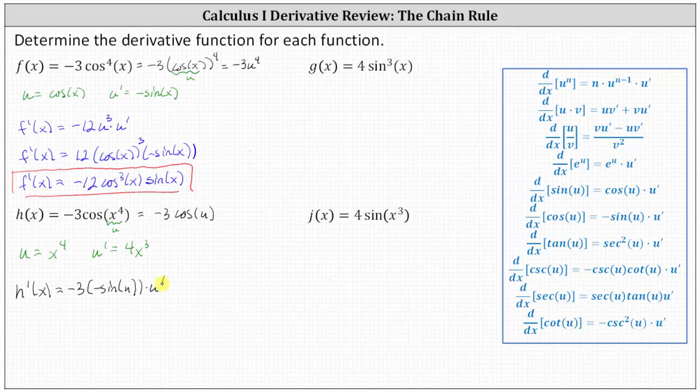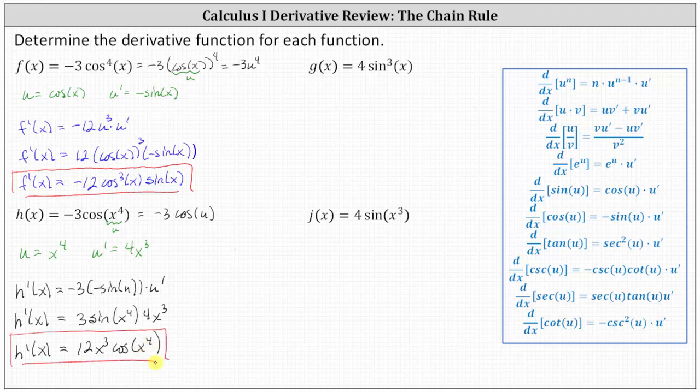Running it back in terms of x, we have h prime of x is equal to positive 3 times sine of u, which is x to the fourth, times u prime, which is 4x cubed. Let's write this one more time. H prime of x is equal to 12 x to the third cosine x to the fourth.